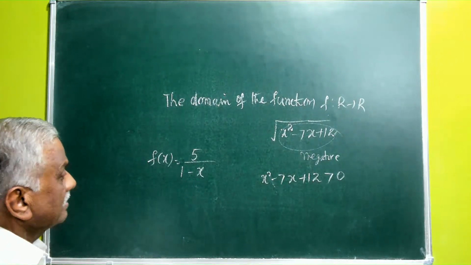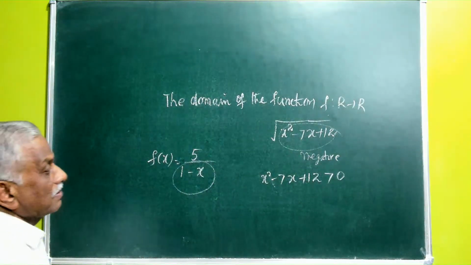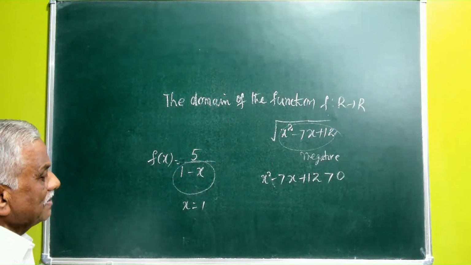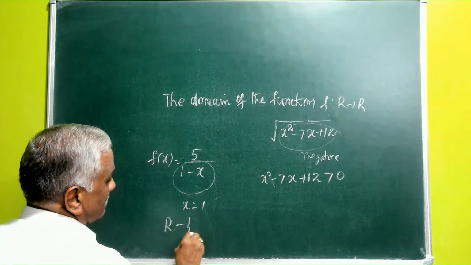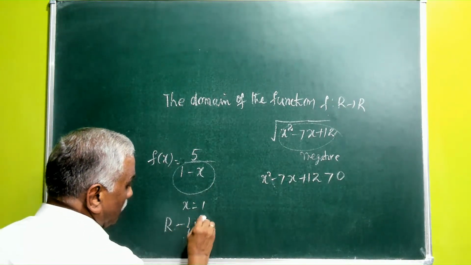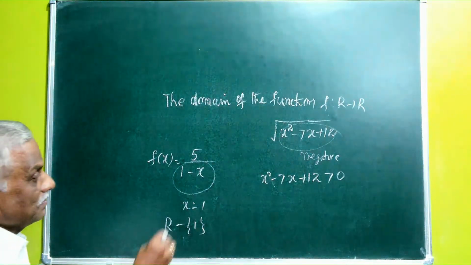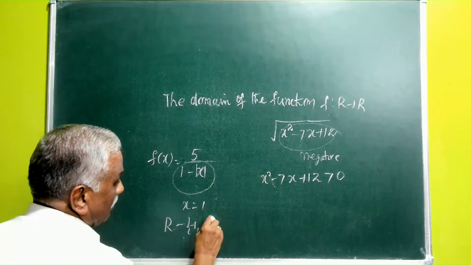What about the denominator case? The denominator should not become 0. When will it become 0? If x is equal to 1. So it doesn't exist for x equal to 1, you should remove it. So the domain is going to be R minus {1}. Sometimes they give a mod. In that case you should take minus 1 and plus 1.